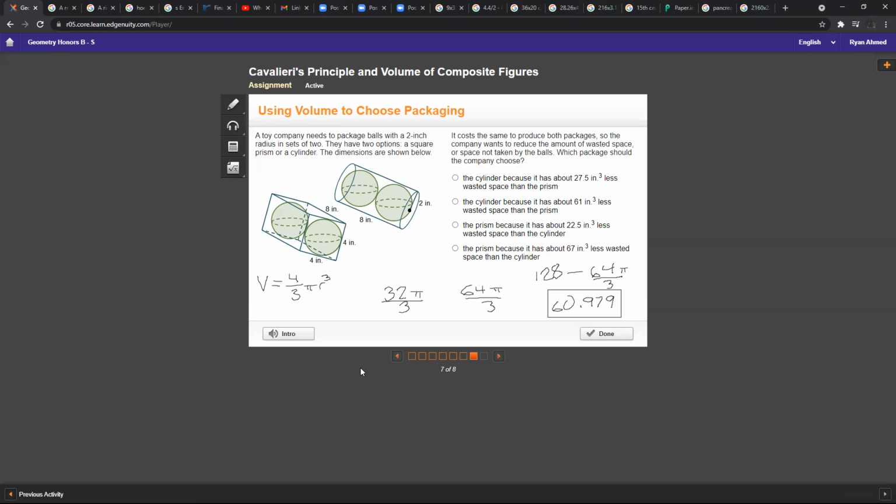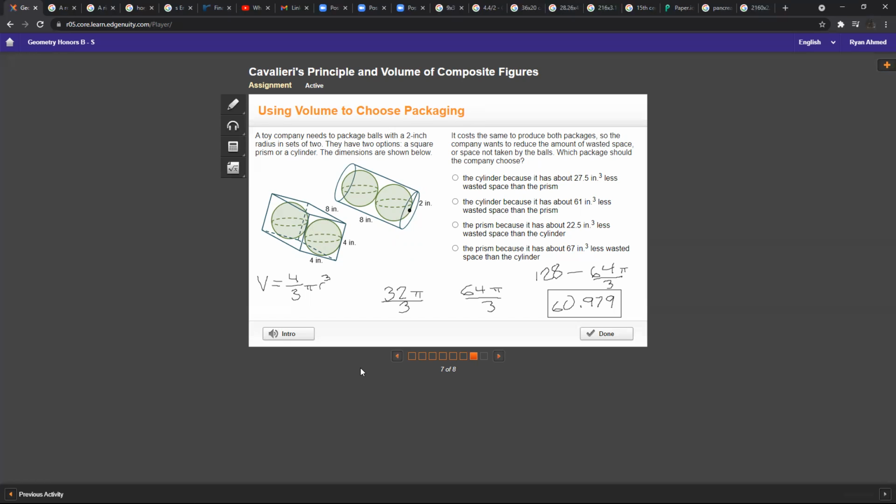So the 60.979 is the amount of space not being taken up by the balls if we were to use the rectangular prism. So now we want to do the same thing. We want to find the space that's not being used if we were to pick the cylinder for the container and not the prism. So how do we find the volume of a cylinder?